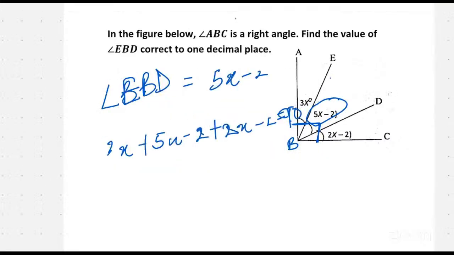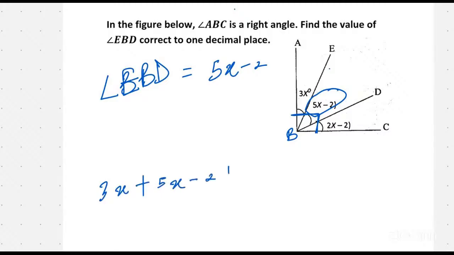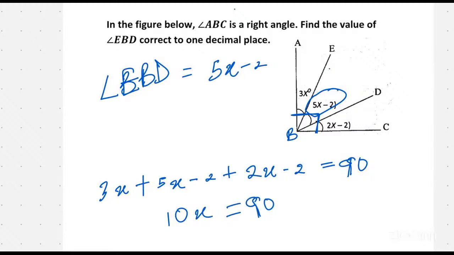Let me write that again so this looks more presentable. 3x plus 5x minus 2 plus 2x minus 2 equals 90. So 3x plus 5x plus 2x, these are like terms, gives 10x. Minus 2 minus 2 is minus 4.